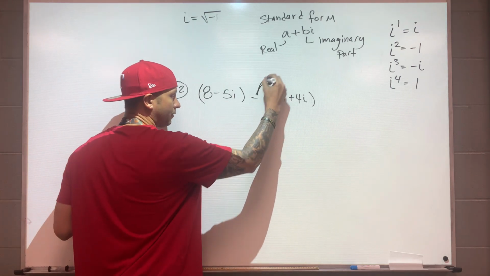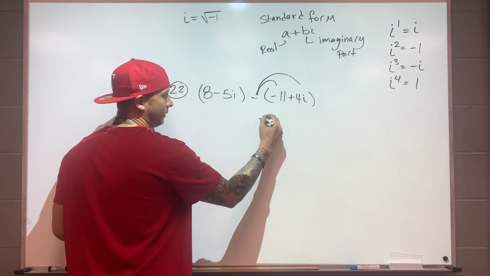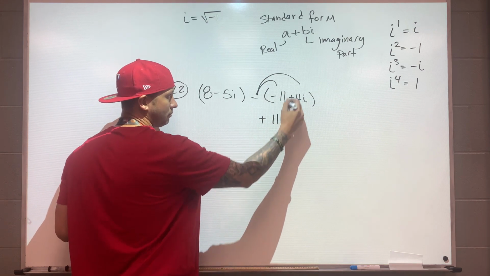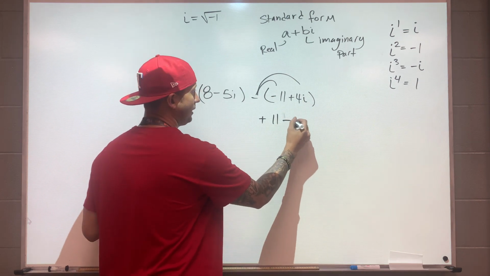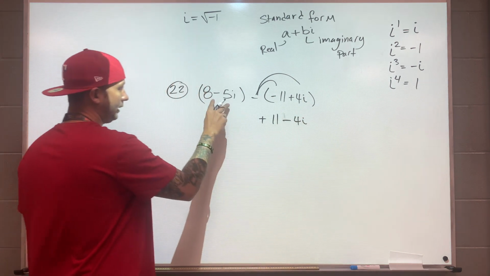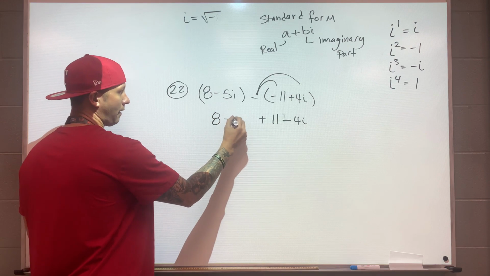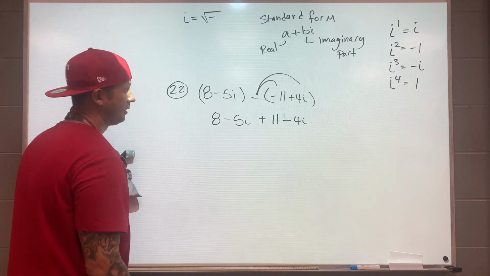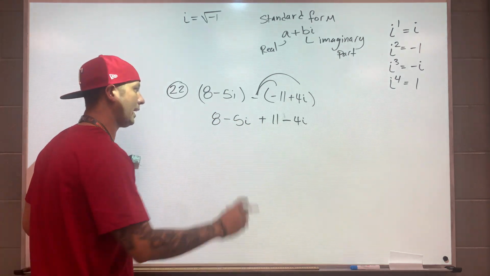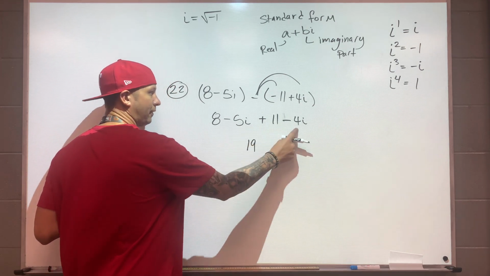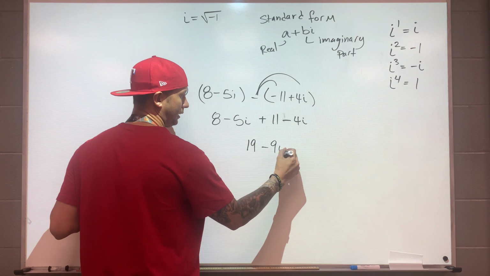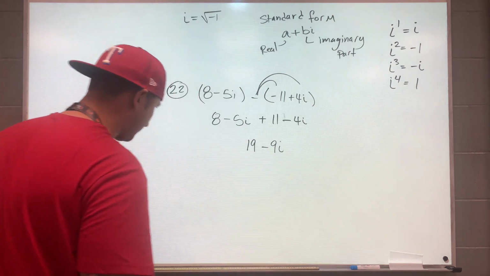We have to distribute first. So this is going to be plus 11 minus 4i, and then this part's unaffected, right? It just comes down. 8 minus 5i. So combining like terms, we get 8 plus 11, 19. Negative 5 minus 4, negative 9i. 19 minus 9i.